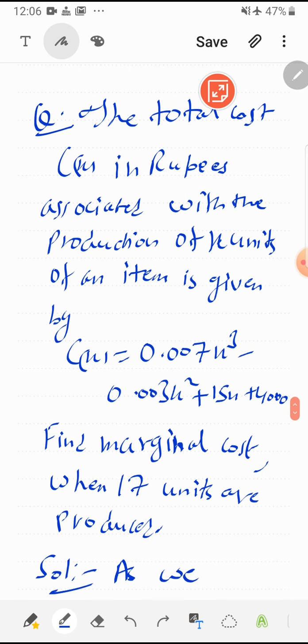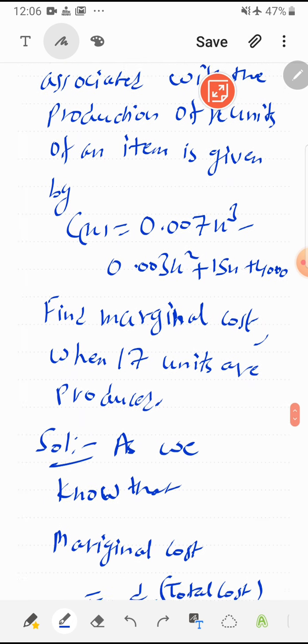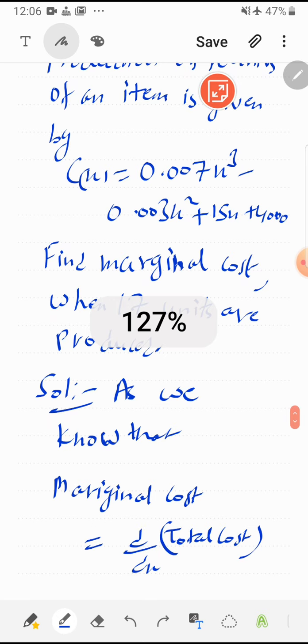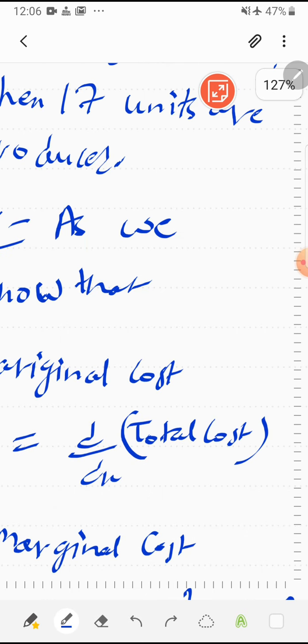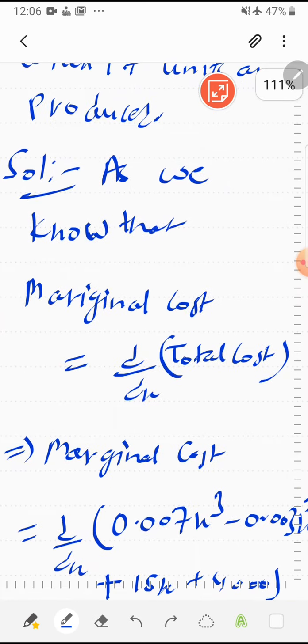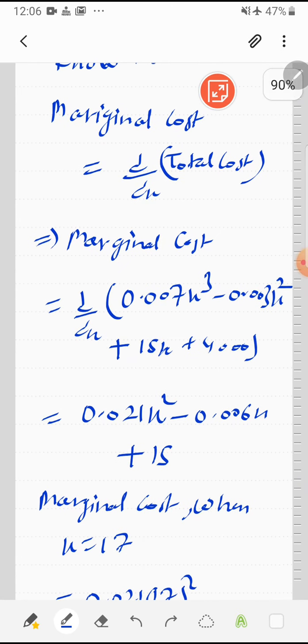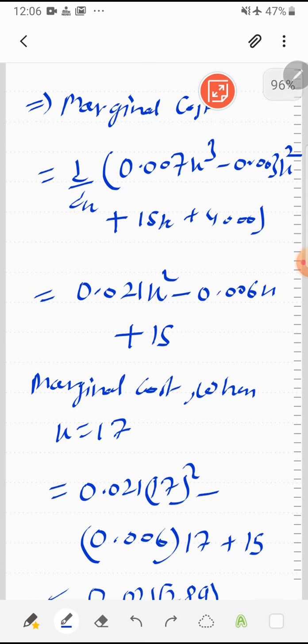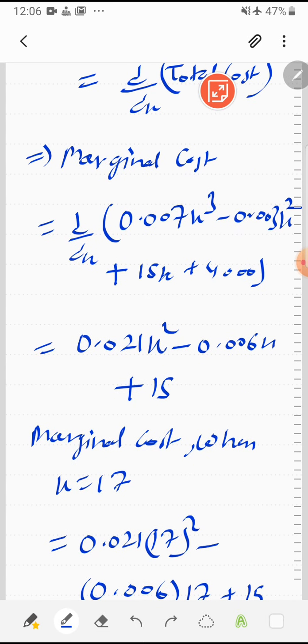Now for this we should know the fact that marginal cost is the rate of change of total cost or cost function. So what I have to do, simple one step, I am just differentiating the cost function.